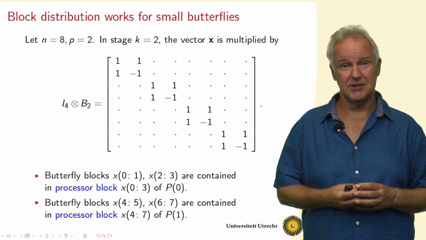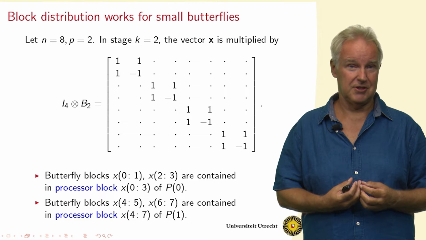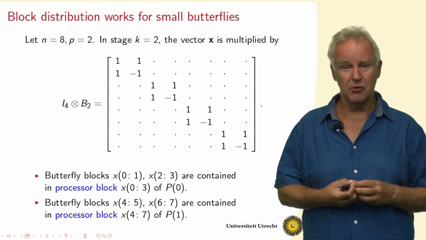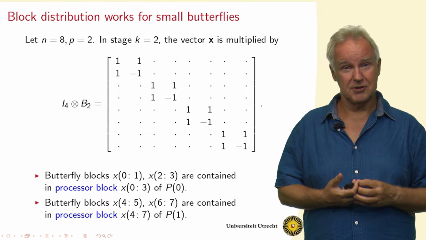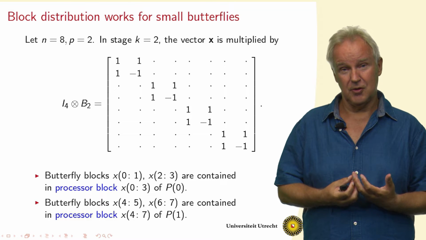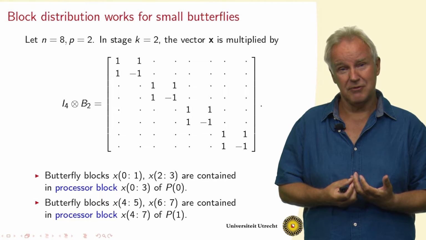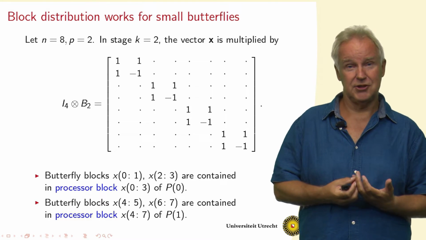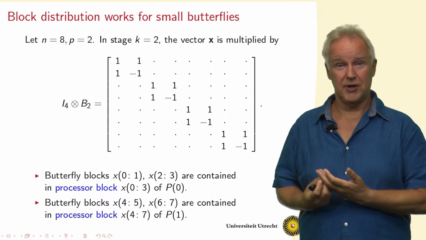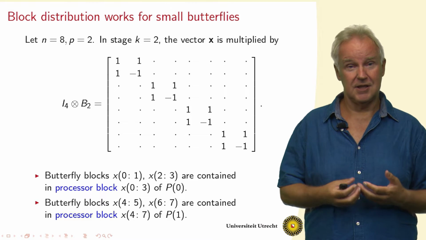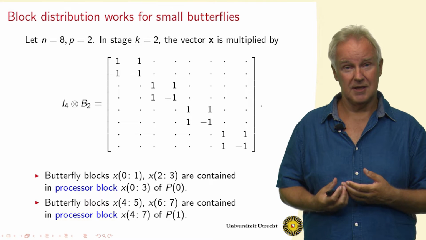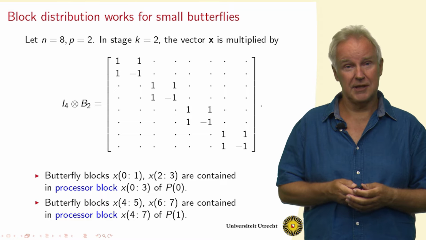And you see 4 copies of this on the main diagonal. Now the blocks that contain the butterfly blocks, they are 0, 1, 2, 3, and they are on processor 0. And the other ones are on processor 1, so they are local. So that's why it works.